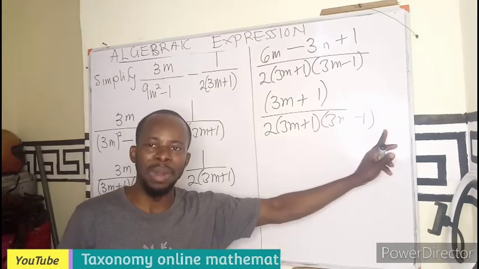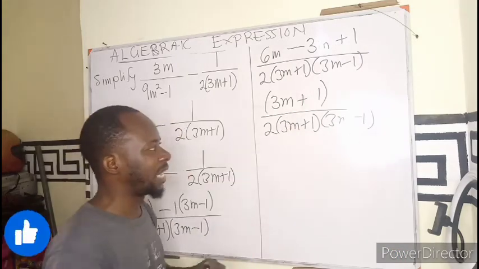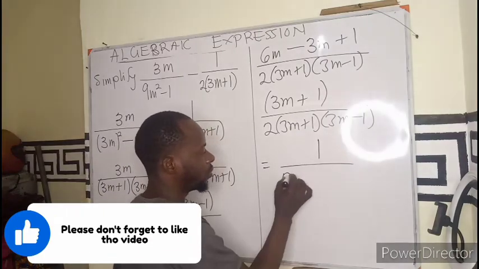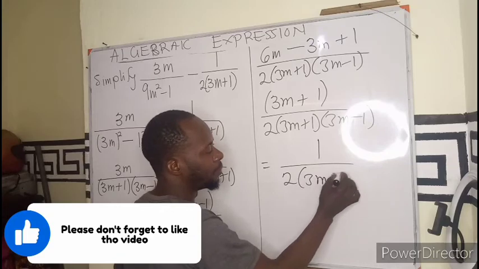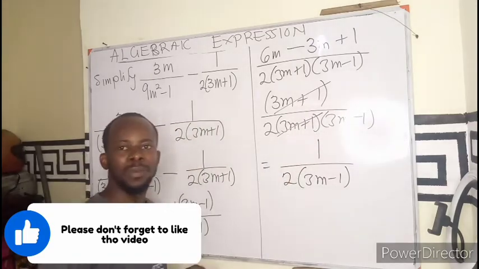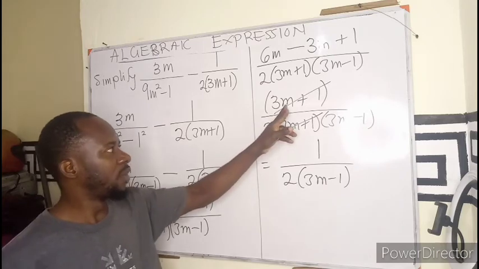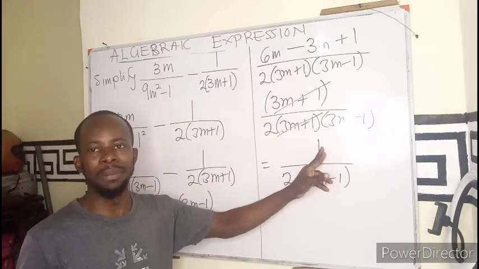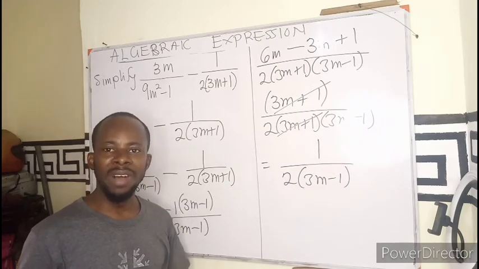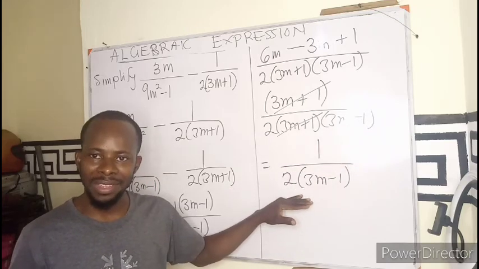But this is multiplying. So this can take care of that. To have the whole of this become 1 over 2 3m minus 1. As in, this will cancel this. Then we are left with it go into itself 1 times. Then 2 will multiply this to give us our final answer, as simple as this.